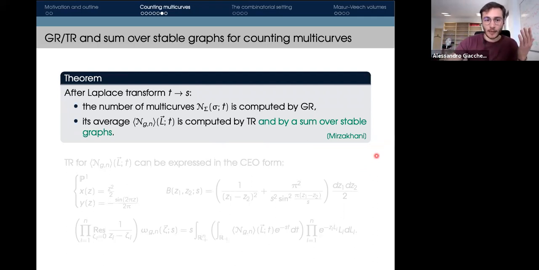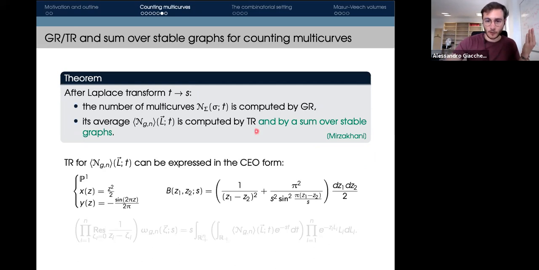So let me just tell you that we can actually translate the topological recursion for this average number of multicurves in the Chekhov–Eynard–Orantin form. And what you have to take is the data x and y as in Mirzakhani's curve, the one computing Weil-Petersson volumes.